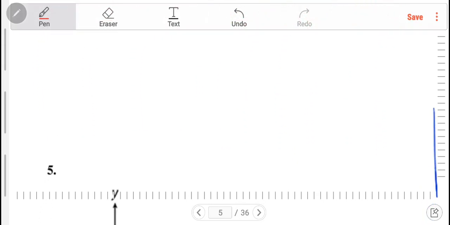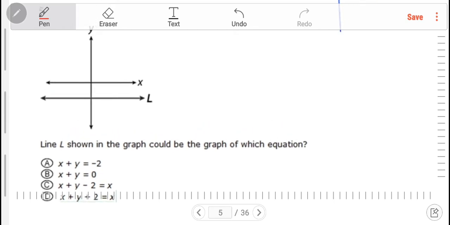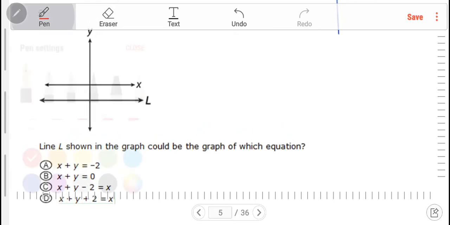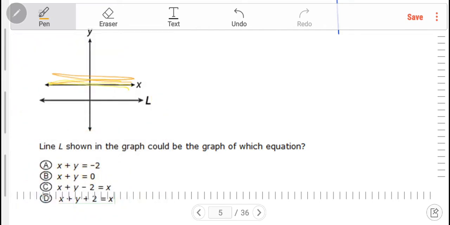And now here we have another problem. This is the line L. The line L here is a line that is parallel to the x-axis, right? No, mister, please pay attention.